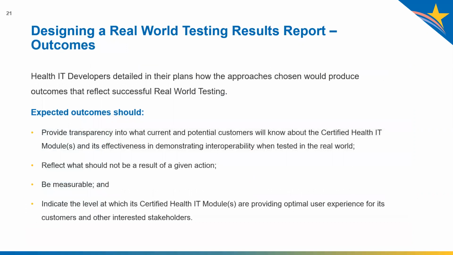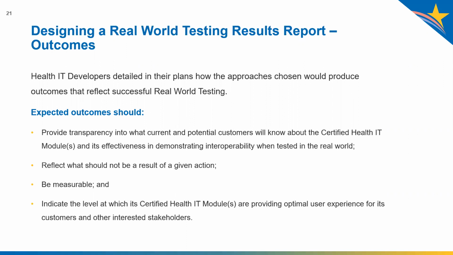All right, now for the outcomes, health IT developers detailed in their plans how the approaches that they chose will produce some expected outcomes to reflect successful real world testing. And those reflected outcomes should have provided transparency into what current and potential customers would know about your certified health IT and its effectiveness in demonstrating interoperability functionality in real world settings.